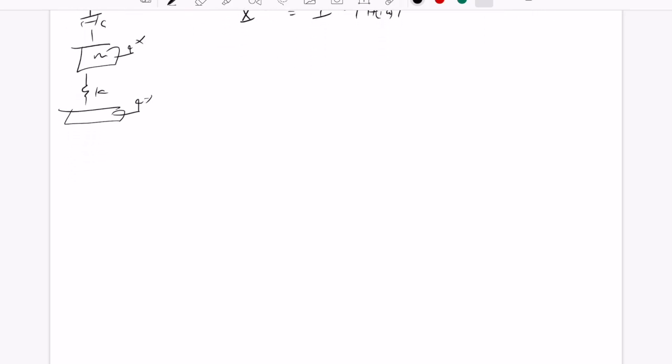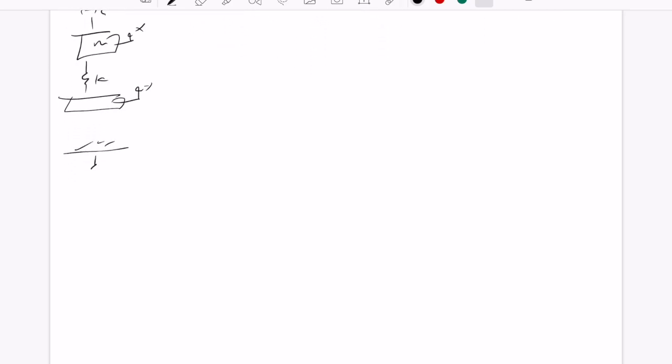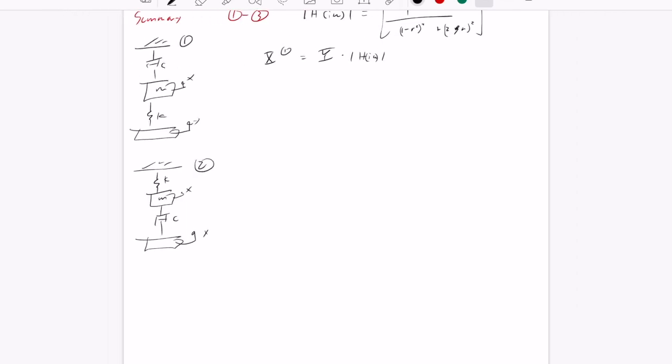Now let's take a look at system 2, where we switch the damper. y, c, k, x. Here's system 2. In this case, x2 is equal to y times 2 zeta r to the 1/2 times H(i omega), that magnitude.